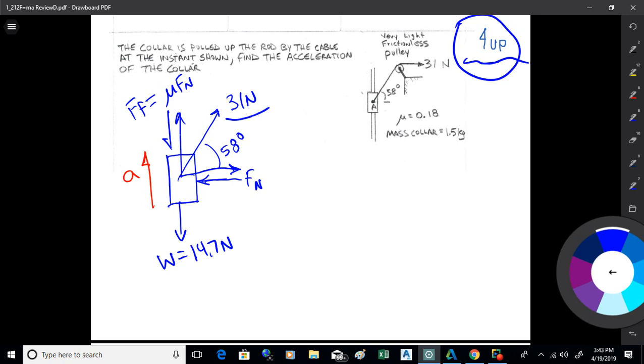So why don't you find the normal force next? We've got a couple minutes here.